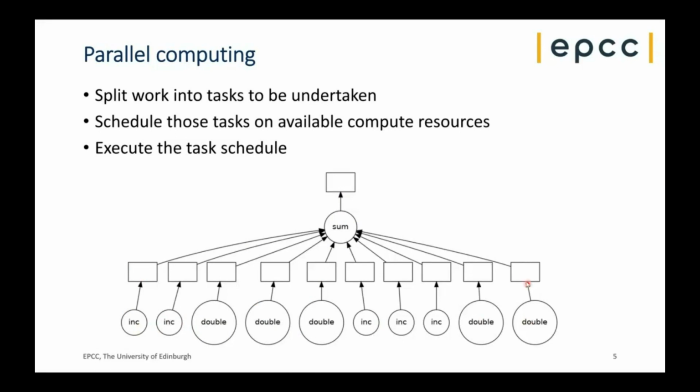Everything on this level can be run separately, but the sum can't be run until all these have been completed and gathered together to produce your output. So here it could run all this bottom level in parallel on different resources, and then take the results of them and run this sum by itself and get the result out of it.